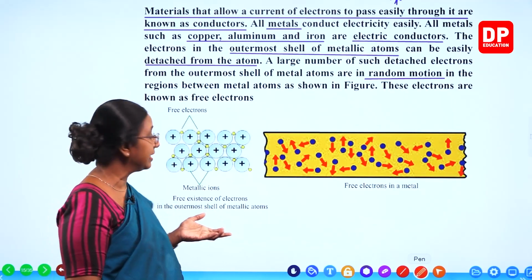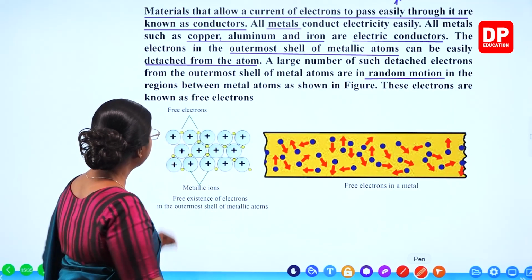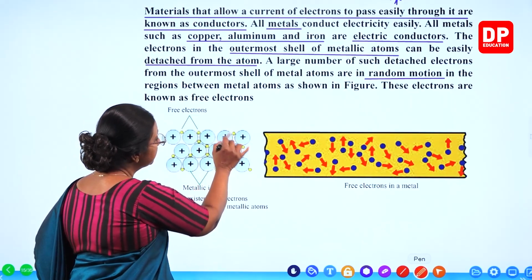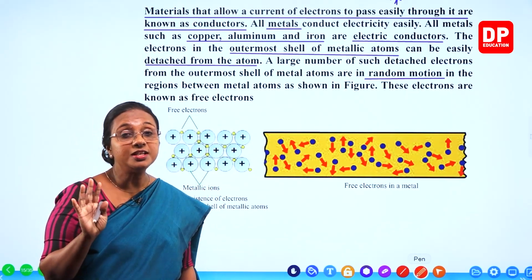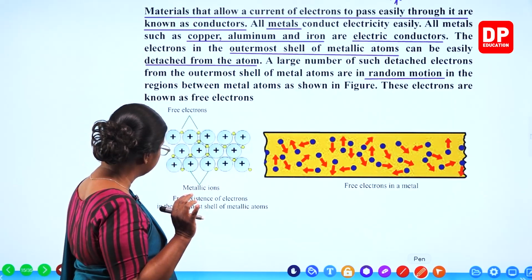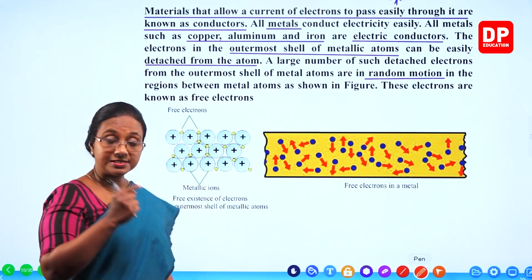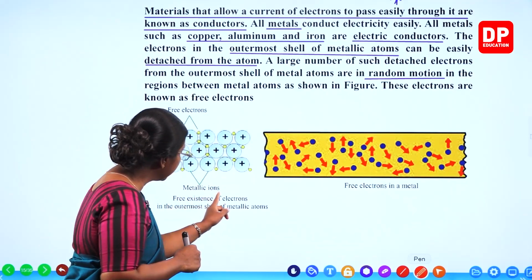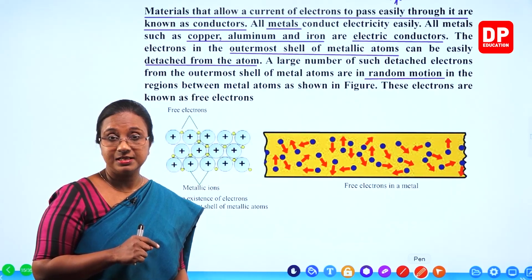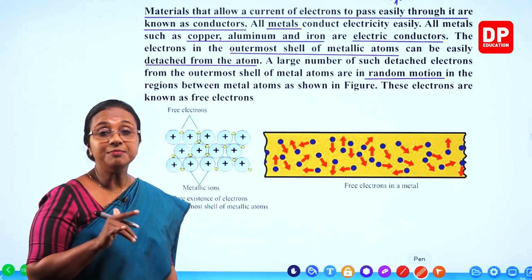You all can remember that term also. Here you can see these are the atoms, the positive charges. It's not the nucleus, it is the atom. Because they are positively charged, because electrons are removed, they become metallic ions. Not the nucleus, it is the metallic ion.